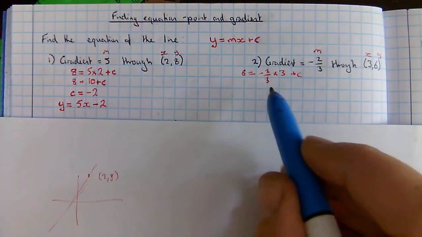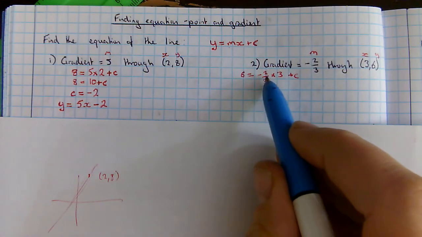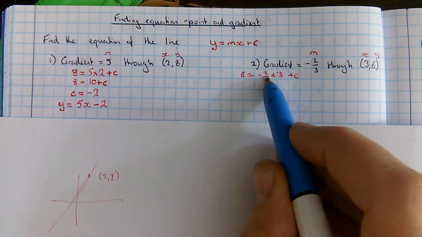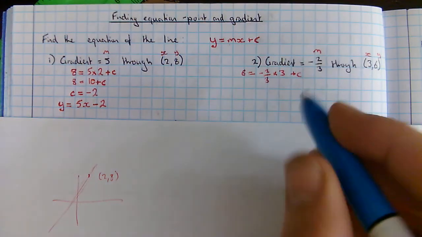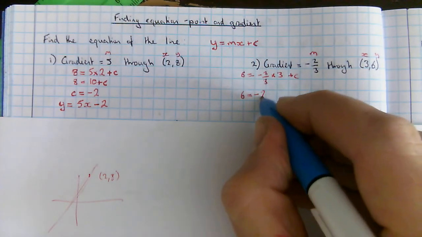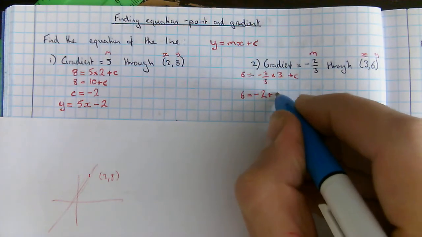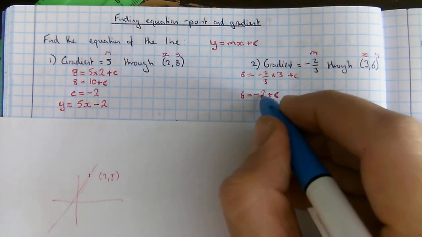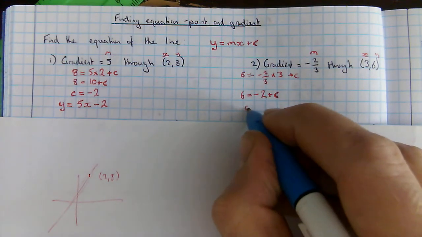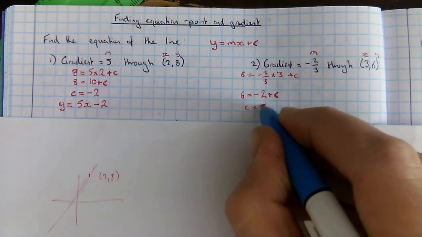Well, let's think. 2/3 of 3, well, a third of 3 is 1. So 2/3 of 3 is 2. So negative 2/3 of 3 must be negative 2. So I've got 6 equals negative 2 plus c. So bring that negative 2 to the other side, which tells me 6 plus 2 is c, and c equals 8.